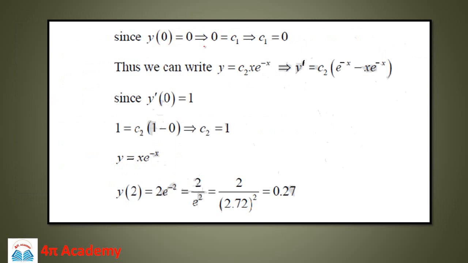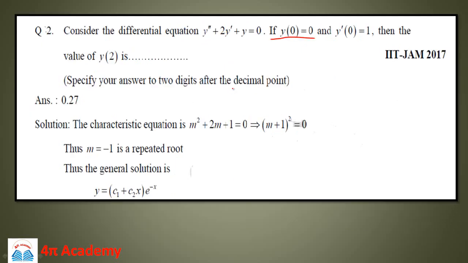So if I substitute x as 0, then y will be equal to c1 plus c2 into 0, because x is 0, into e raised to power 0, and anything raised to power 0 is 1. It means that this will be only c1, and this c1 should be equal to 0, because y is also 0. So we get the value of the constant c1 is equal to 0.